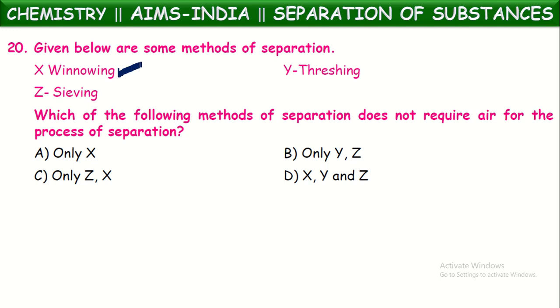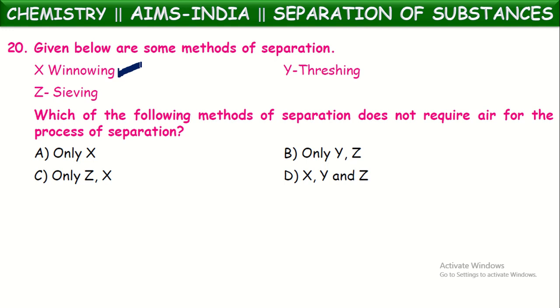What they do in the winnowing process, they take the mixture of grain and husk in wide flat plates. They pour this mixture from a certain height down. Then, because of wind blowing, lightweight husk particles move away. Heavyweight grain particles will come down directly and form a heap. In this way, those mixture components are separated by using an air blow.